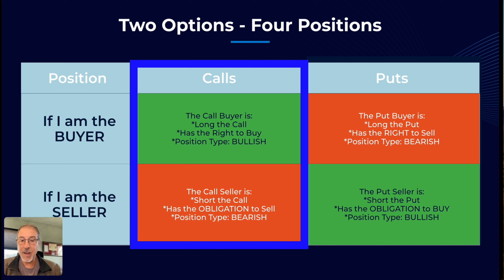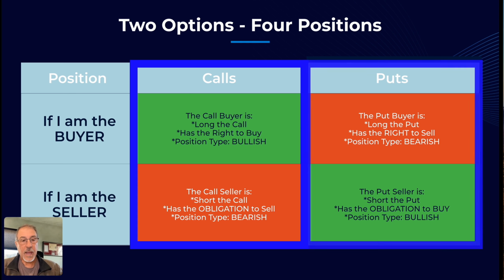This is considered a bullish type of position. The call seller is considered to be short the call. They have the obligation to sell something at that predetermined or that strike price. Again, we'll see what that strike price means here in just a second. And this is considered a bearish type of position.